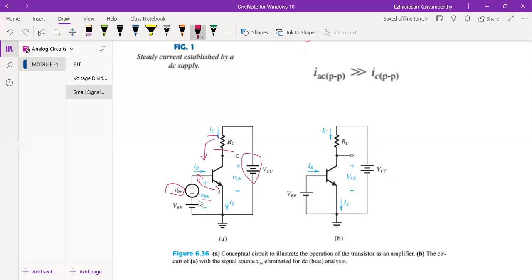Here this is our battery, and above the battery they connected the vbe. This figure shows a conceptual circuit to illustrate the operation of the transistor as an amplifier. First, set vbe equal to 0 for the signal source.